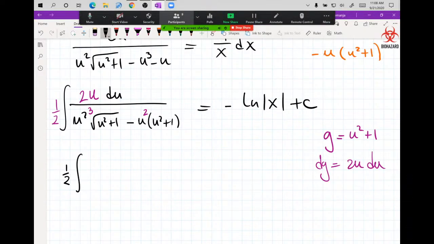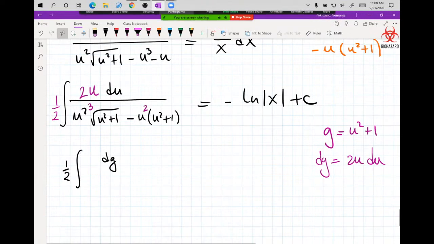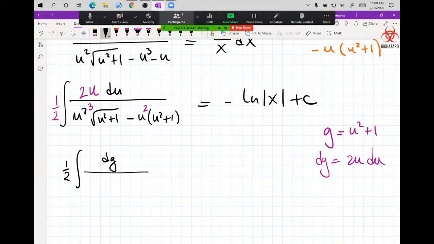These problems are not easy, not cheap. So now on top I just have my dg, and on the bottom I know I have to get rid of all of the u's, but let me still have u cubed root g minus u square g.